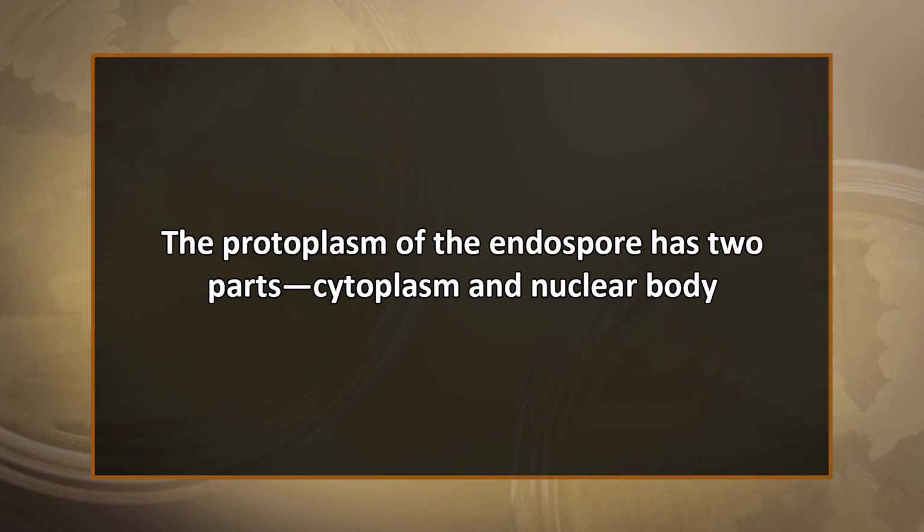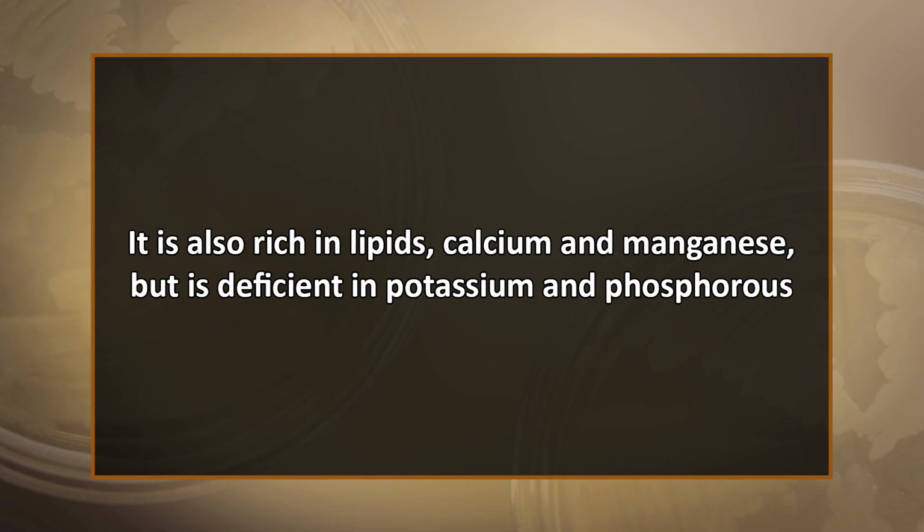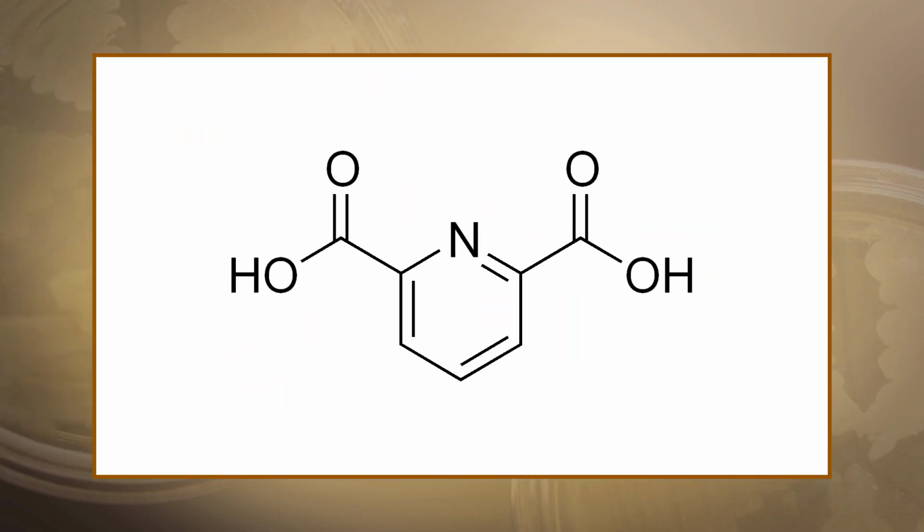The protoplasm of the endospore has two parts, cytoplasm and nuclear body. The cytoplasm is in a highly dehydrated state. About 90% of it is made up of proteins. It is also rich in lipids, calcium, and manganese, but is deficient in potassium and phosphorus. Endospores contain the anticoagulant dipicolinic acid, which makes them highly resistant.